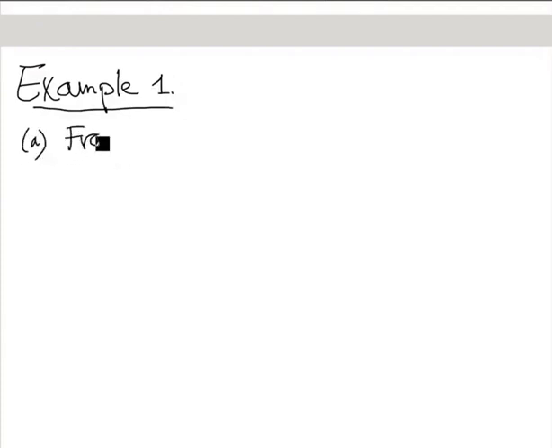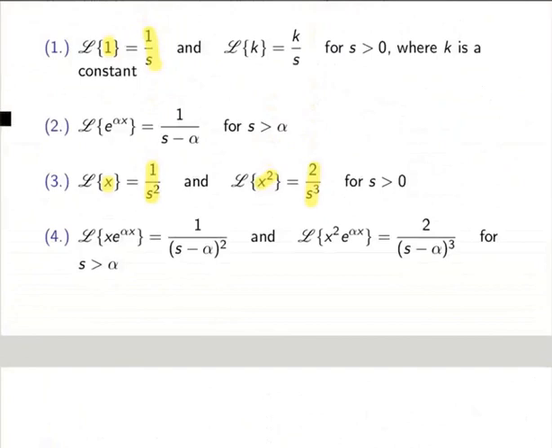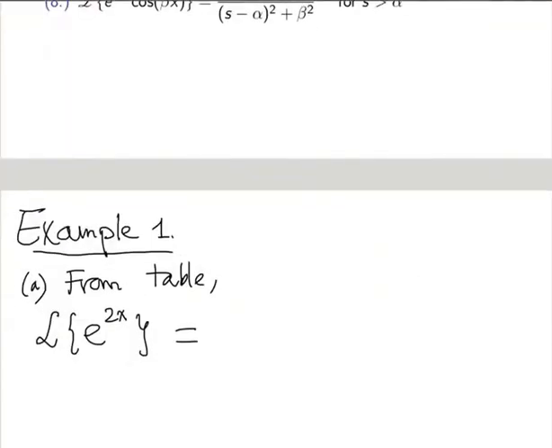So let's look at a few examples. Now from the table above, we see that the Laplace transform of e to the 2x, which is formula 2 over here, will be 1 over s minus 2, provided that s is bigger than 2.